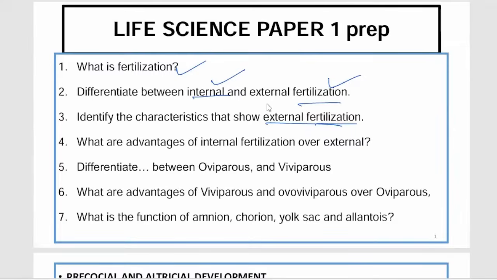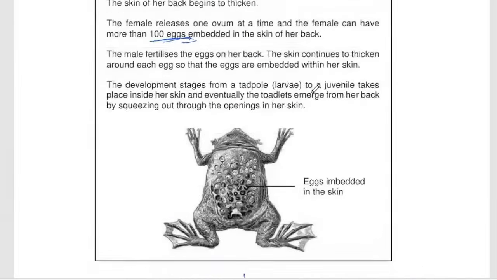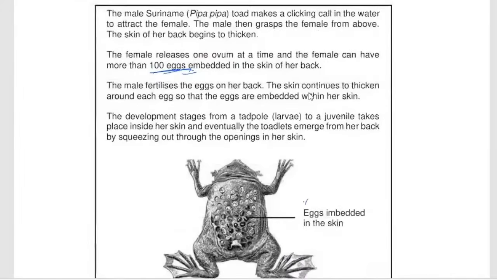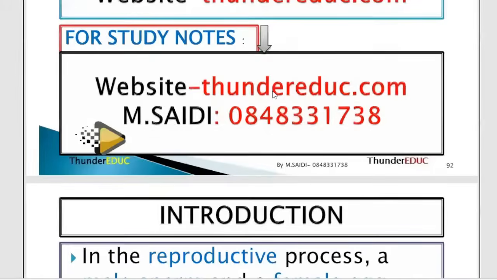When you talk about the characteristics which show that this individual is external, we see that the sperms and the ovum are meeting together outside the female's body. If you look at an example of a frog, in the question we have just done, you will see that the sperm and the ovum are meeting outside the what?